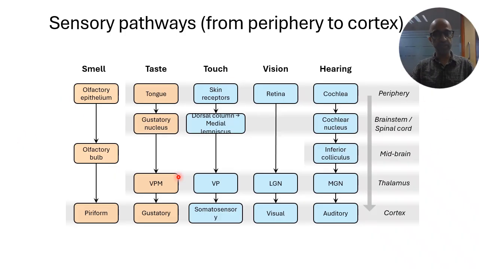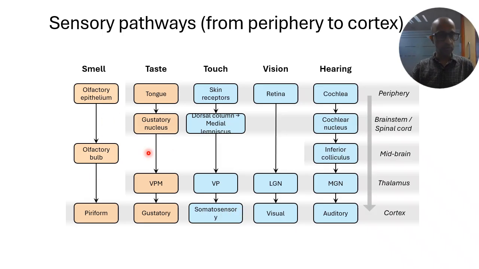So this information now has to pass on to the brain. Some of these brain regions have intermediate locations. For example, in the brain stem, you have the cochlear nucleus and inferior colliculus that lie in between the cochlea and the thalamus before the information goes to the cortex. For touch, you have to pass the information through the spinal cord in your back before it goes to the thalamus and then the cortex.